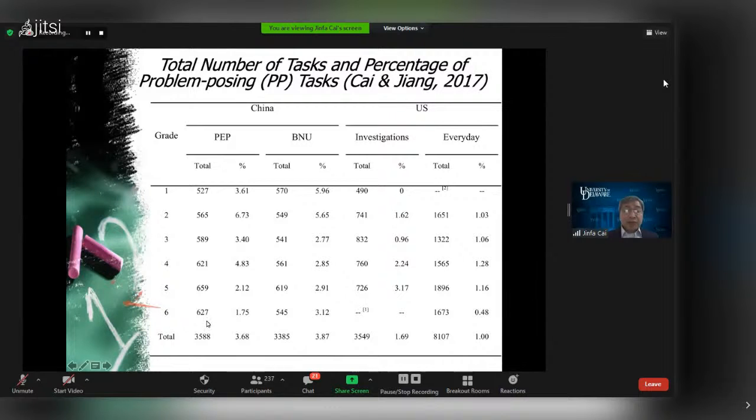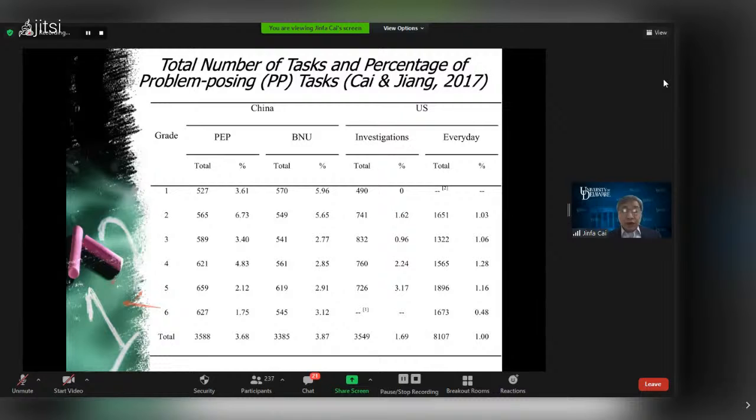In 6th grade, in the PEP textbook in China, there are a total of 627 mathematical activities, but the problem posing activities are 1.75%. Of these 627 mathematical activities, 1.75% of them are problem posing.